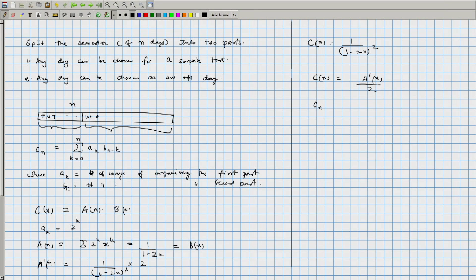So, Cn is equal to half of the nth term of a prime x, and Ax is equal to 1 plus 2x plus 2 square x square and so on, which is the summation of 2 raised to k x raised to k.